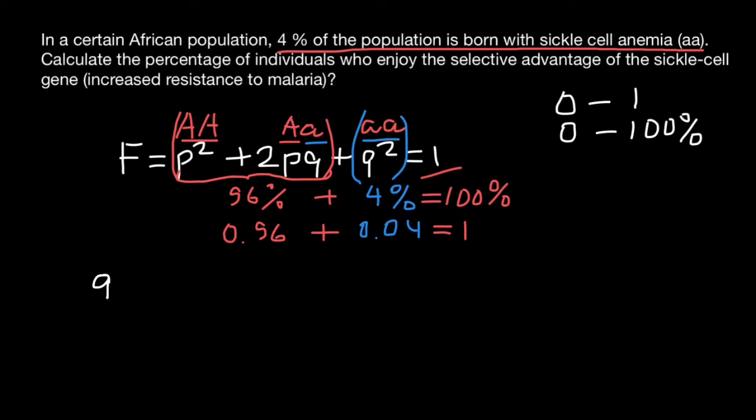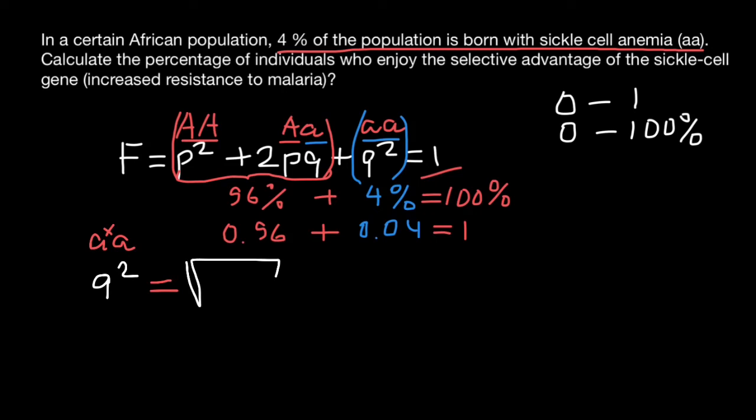So in our formula, q squared stands for the frequency of the genotype small a homozygous recessive. So in order to find the frequency of the allele a, we also can say that a times a, so we have to take just a square root of q squared.